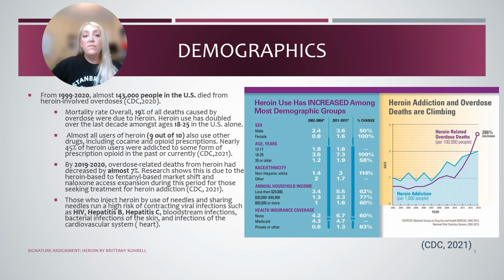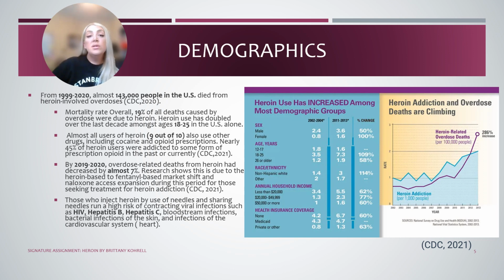On the demographics involving heroin from the years 1999 to 2020, 143,000 people in the US alone died from heroin overdose or an overdose involving heroin. Over 19% of all deaths caused by overdose were due to heroin, and the use has doubled, especially in ages 18 to 25 over the last decade.